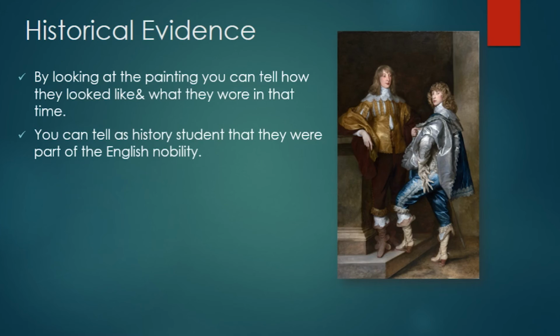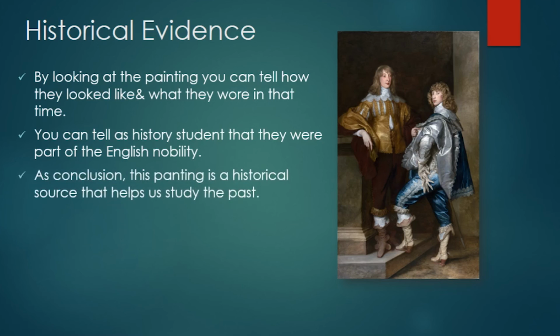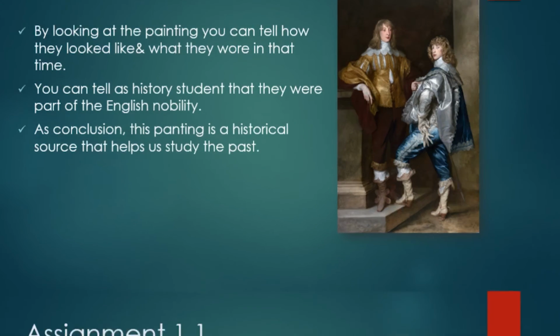They belong to one of the English noble families. As a conclusion, after you examined this painting and collected all this information, it helped you study the past, or this period of time, by examining this picture.